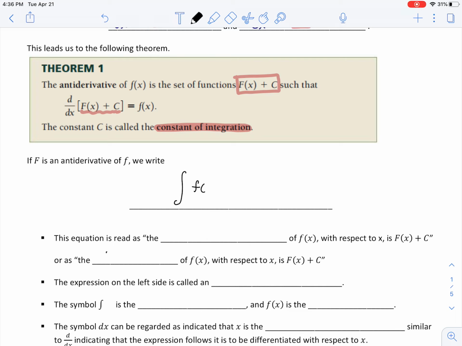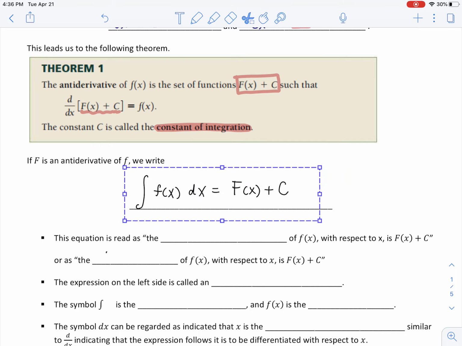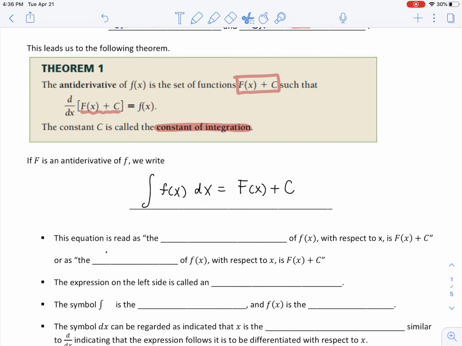But I want to give you a way where we can say the other way around. And that one, you've probably seen the symbol. Draw this integral symbol and say little f of x, and make sure to write dx equals big F of x plus the constant of integration c. So write this notation down for me, and we'll talk about what this notation is on this page, okay?